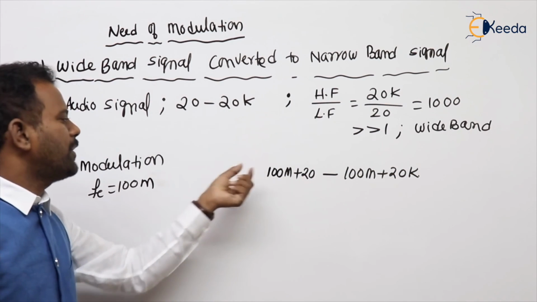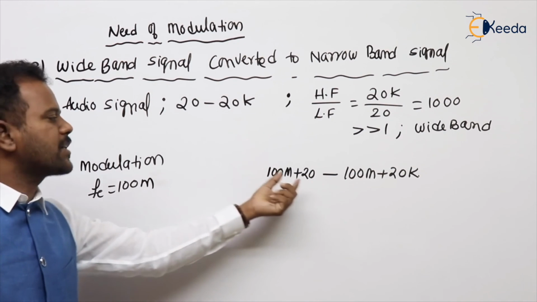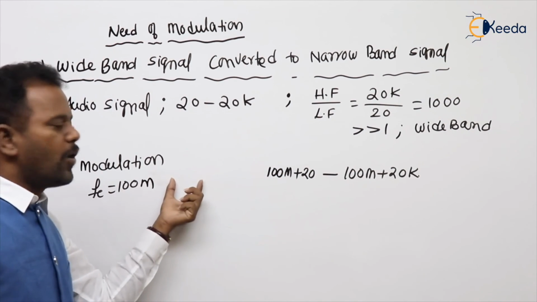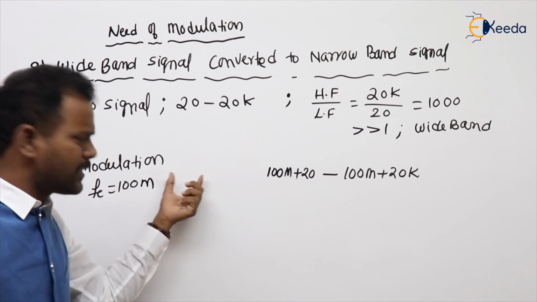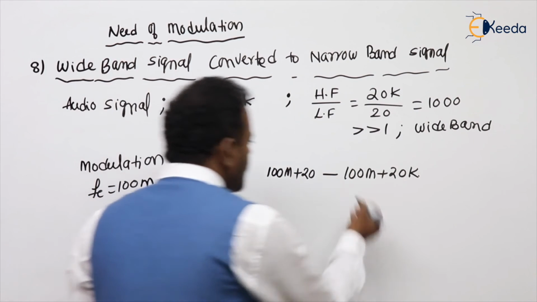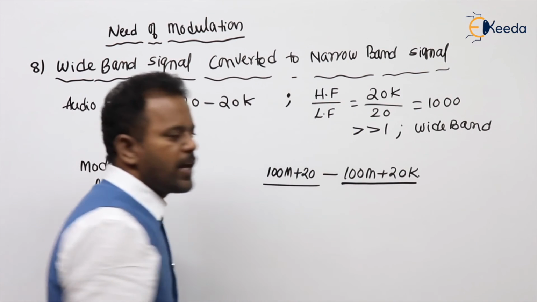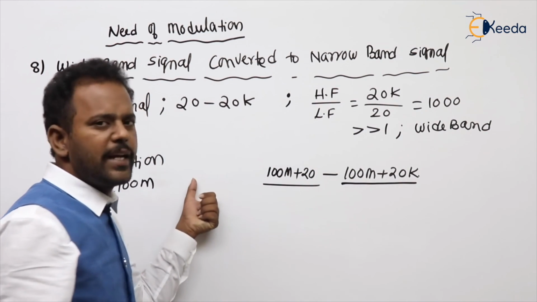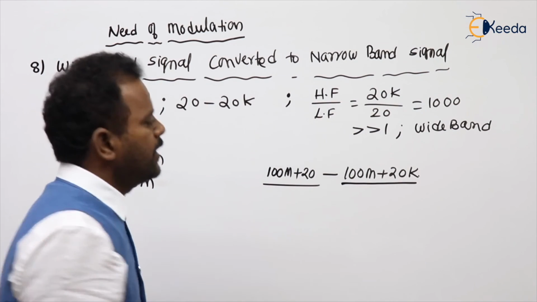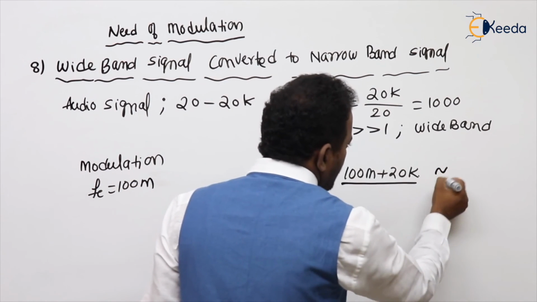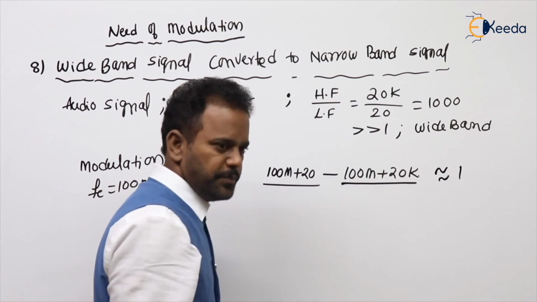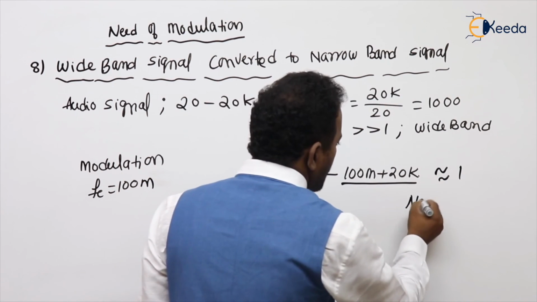This is called the upper sideband; the lower sideband also will come. That's not a matter. Now let's take the highest to lowest frequency ratio; if you take that, approximately 1 will come. So this is called a narrowband signal.